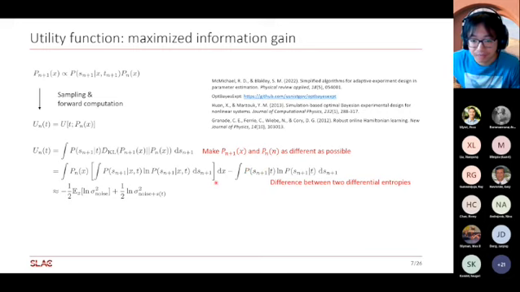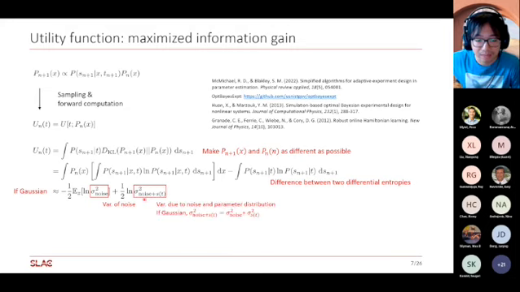If everything is nicely Gaussian, then the first term becomes the expectation of the log variance of the noise, so this is only measurement noise related. The second term is another variance, but this variance comes from both the measurement noise and the distribution of the simulated experimental signal.